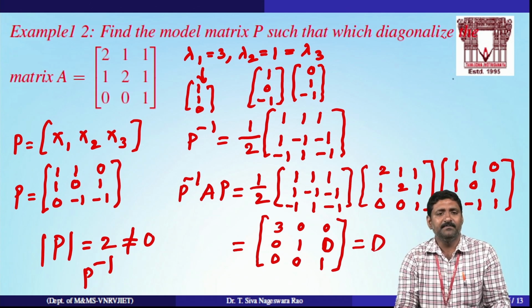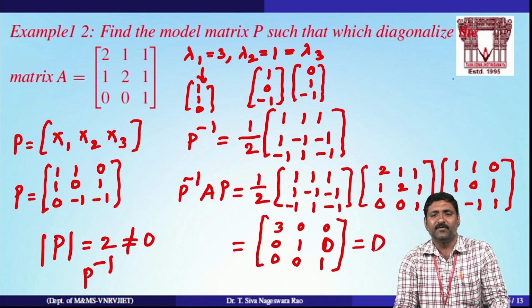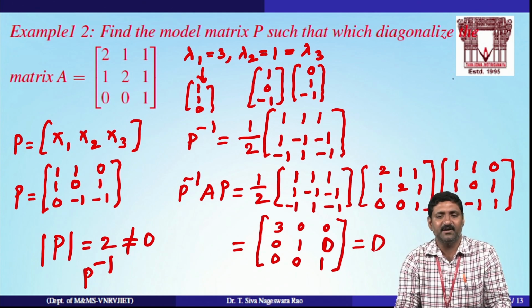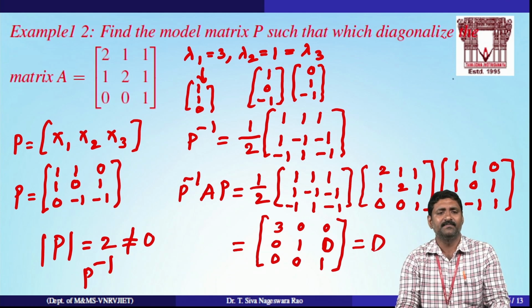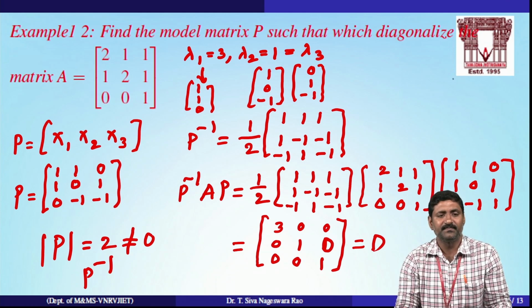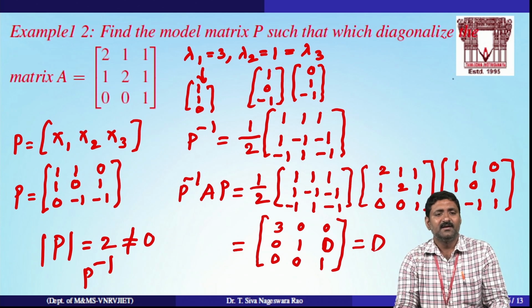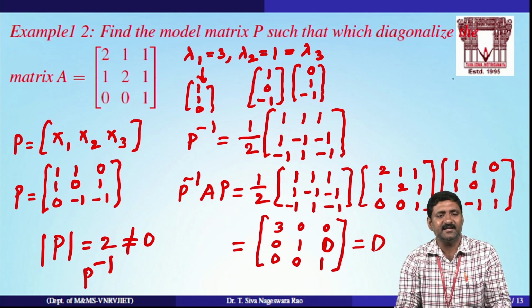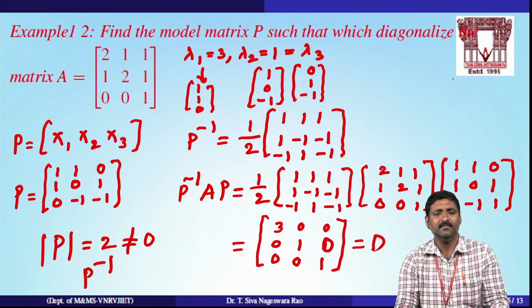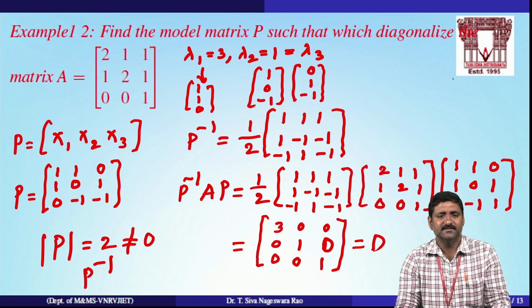A small recap. What is the process to find the diagonalization of the given square matrix? Step number 1, the given matrix should be a square matrix. Step number 2, find the determinant of the characteristic matrix and equate it to 0. You will get the characteristic equation. Step number 3, find the eigenvalues.